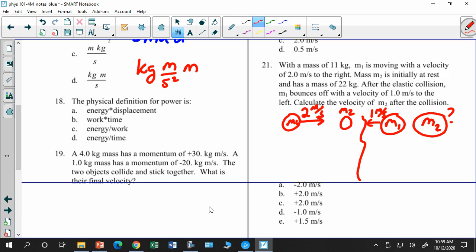All right, so I'd say M1 times 2, that's 11 times 2 plus 0 will equal to 11 times -1 plus M2, which was 22 kilograms, times V2. That's 22, 33.